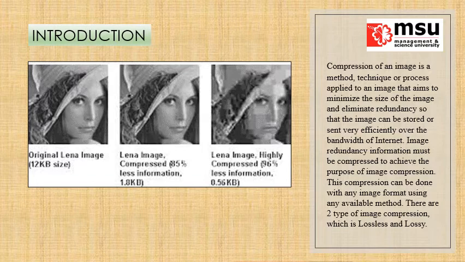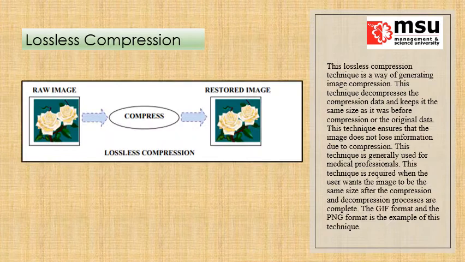Image redundancy information must be compressed to achieve the purpose of the image compression. This compression can be done with any image format using any available method. There are two types of image compression, which are lossless and lossy.